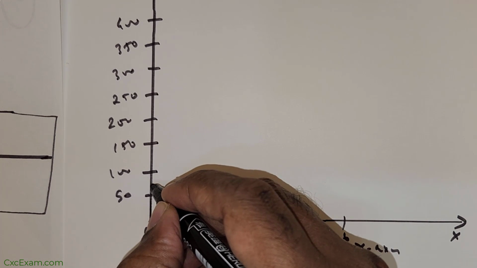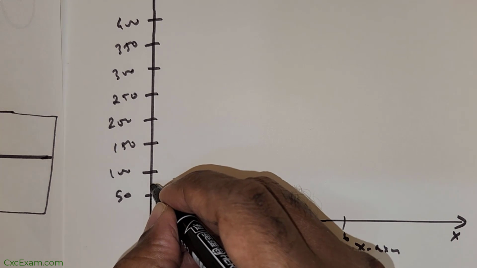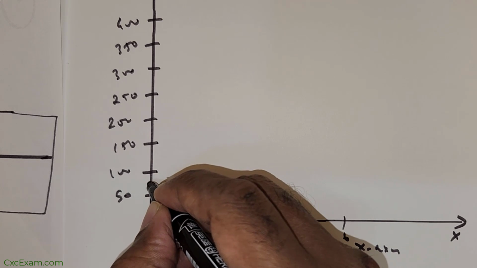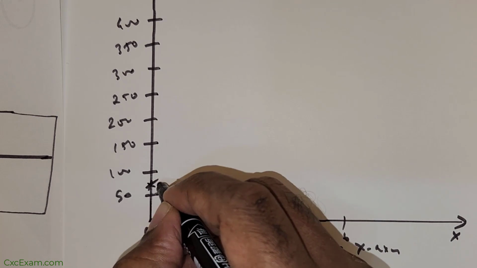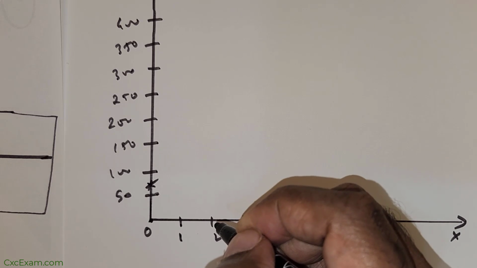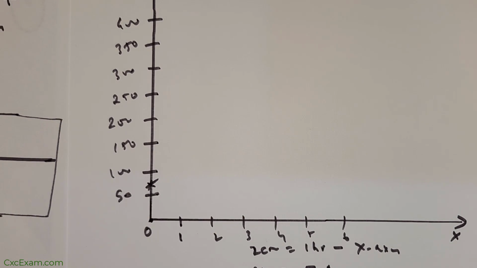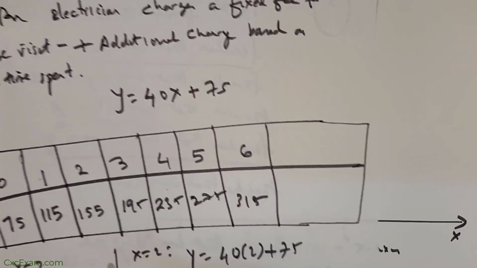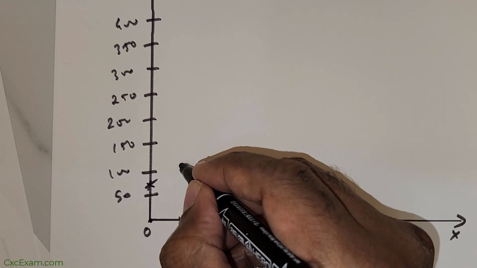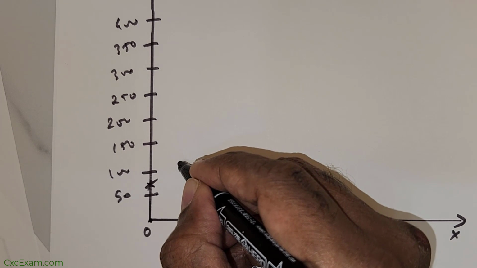This is an approximate graph, right? So 75 will be somewhere over here, 0 and 75, and then you have 1 and 115, which will be somewhere over here.